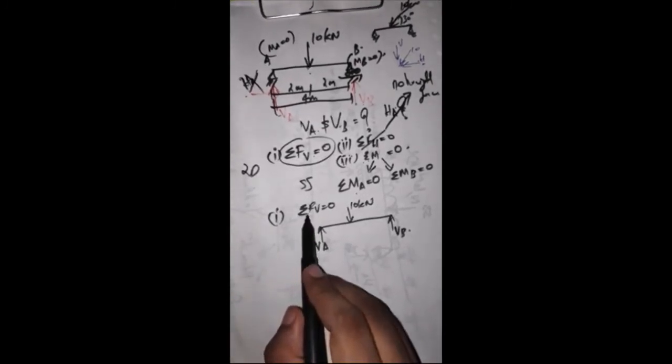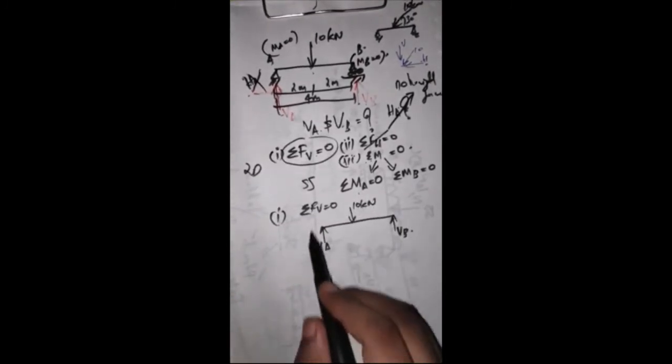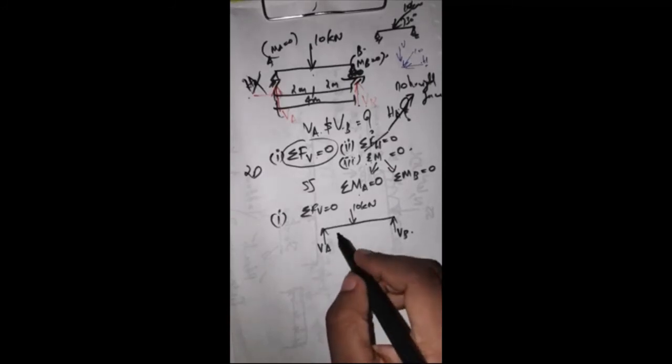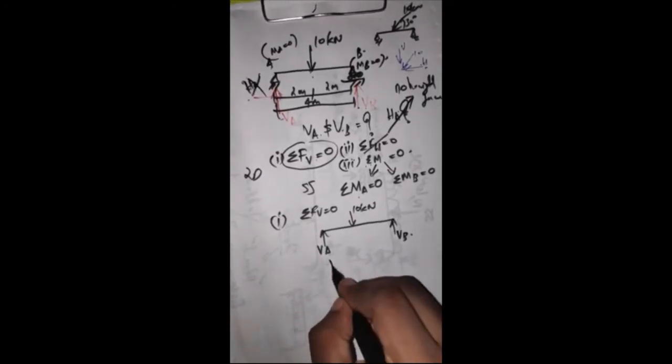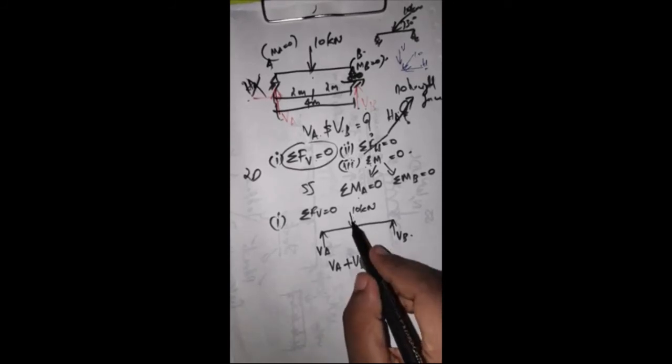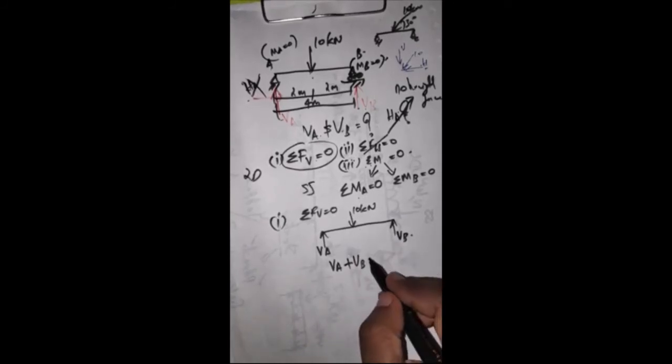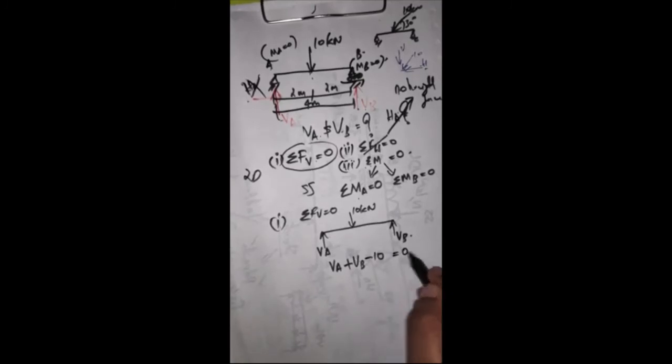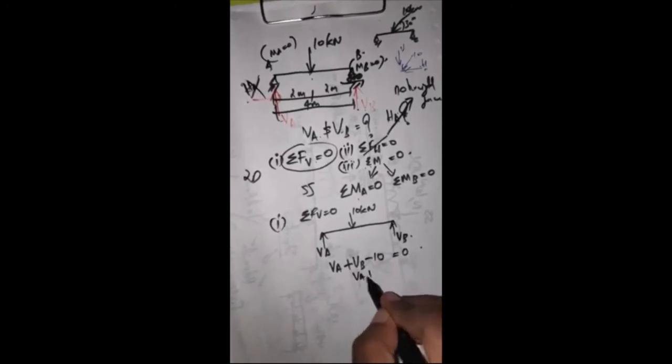The vertical forces are Va plus Vb, and another vertical force is 10, acting downward. So Va plus Vb minus 10 is equal to 0, that is, Va plus Vb is equal to 10. That is the first equation.